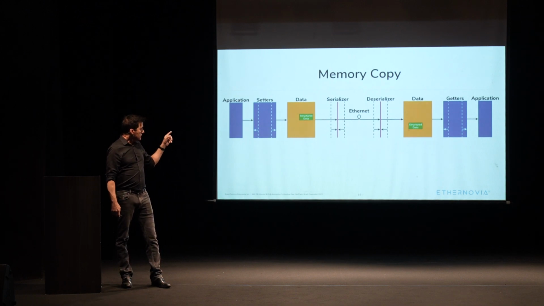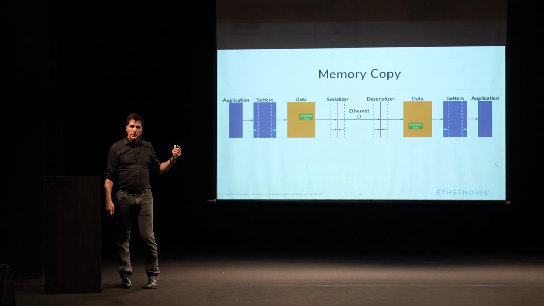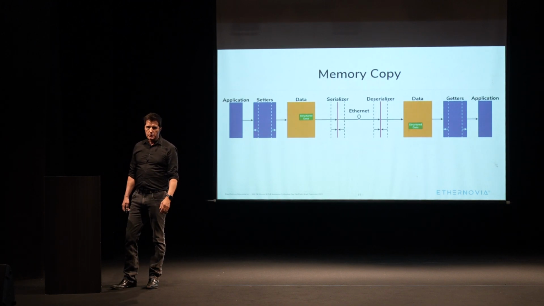Now you can see that the serializer deserializers are extremely tiny in this drawing, but the setters and getters have become quite a bit fatter. And the reason for this is the normalization that must be performed by the setters and getters while minimizing the amount of memory that is consumed.